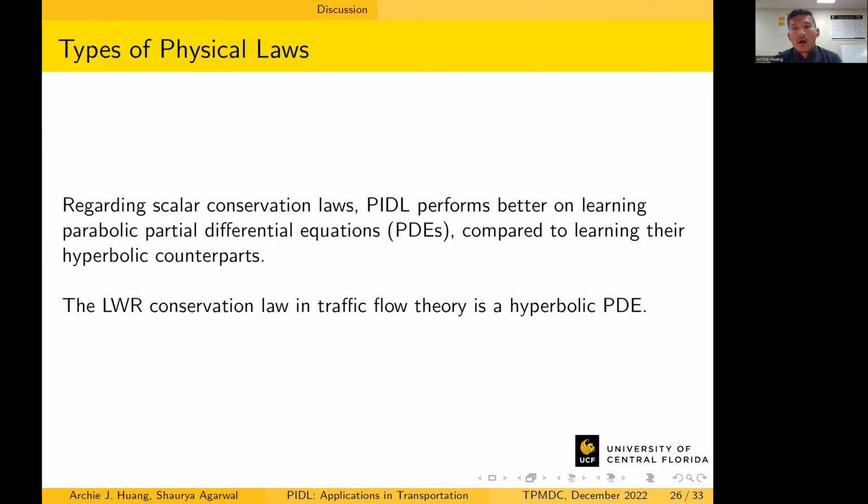We observe that PIDL performs much better on learning parabolic PDEs compared to their hyperbolic counterparts. I'm going to demonstrate in the next few slides the differences between PIDL learning a parabolic PDE and a hyperbolic PDE.